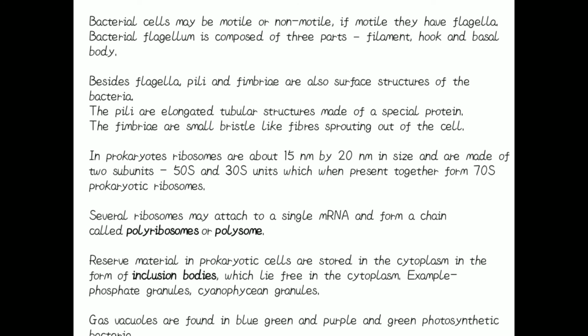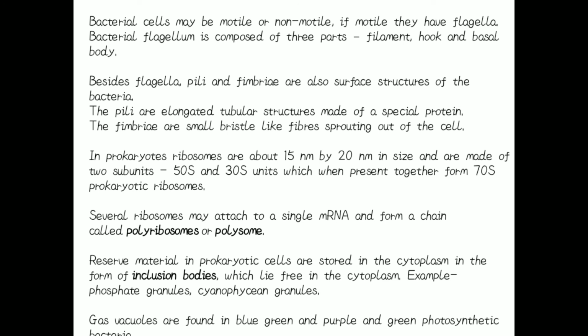Reserve food material in the prokaryotic cell is stored in the cytoplasm in the form of inclusion bodies. These inclusion bodies store phosphate granules and cyanophycin granules.